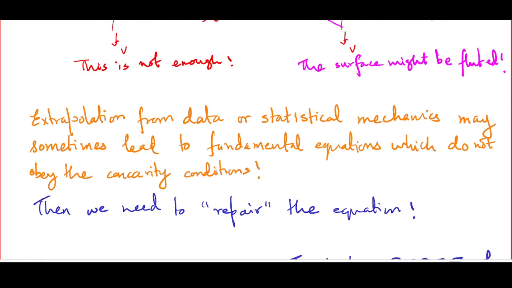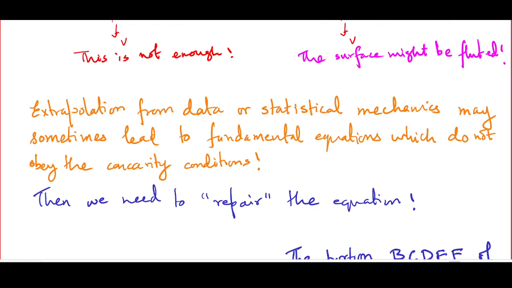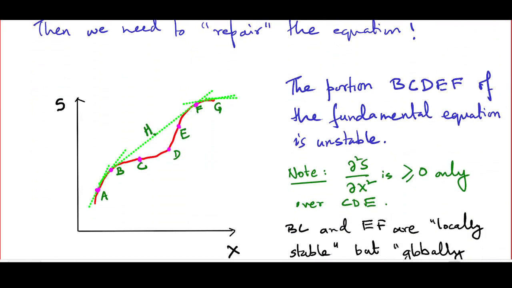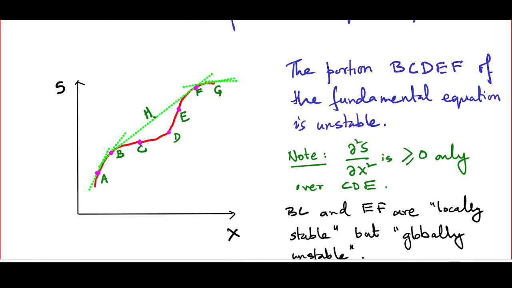Now, I'm going to illustrate that through this graph here. Here we have plotted S versus X. X stands for any one of the extensive variables which are arguments for S in the fundamental equation. We are going to assume for the time being that all the other extensive variables are being held fixed.